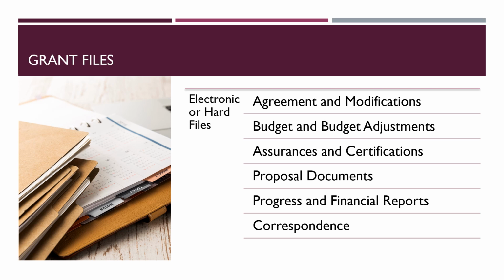For example, you could use a system that files by the funding organization's name and then by the year the award was received. You could also start the file by the year and then the funding agency. There's not a right or wrong way to structure a grant file, but the structure should work for your organization.